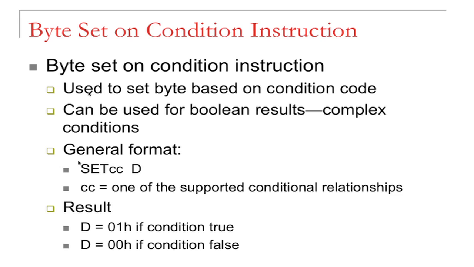But before we look at the example, the general format is SETcc destination operand. cc is one of the supported conditional relationships. For example, Z or NZ, C or NO, so those other condition codes can be used to replace the cc.